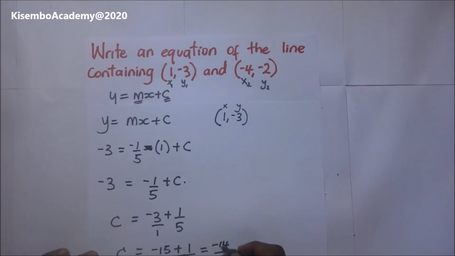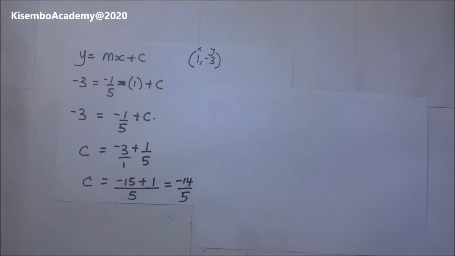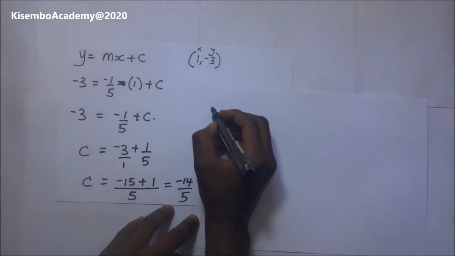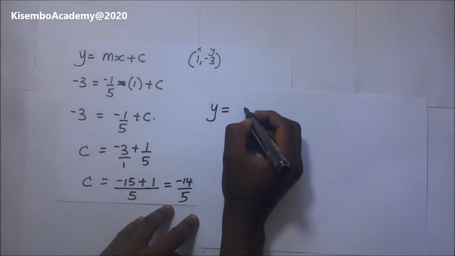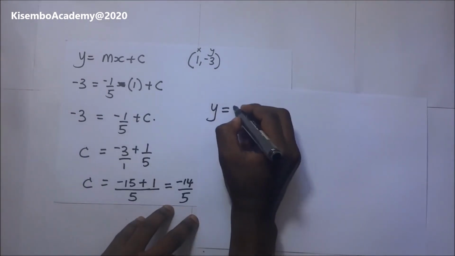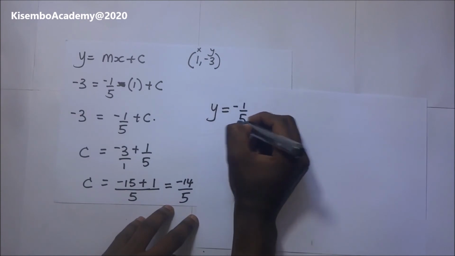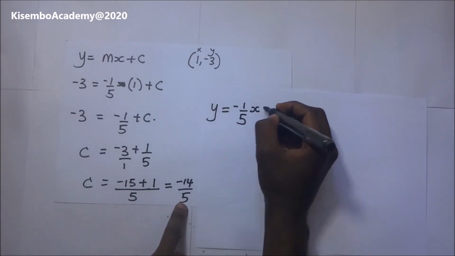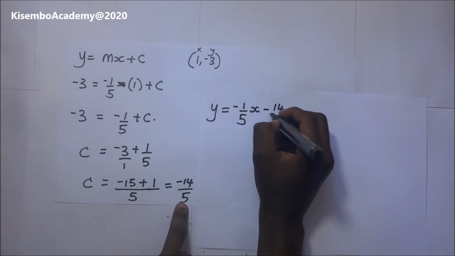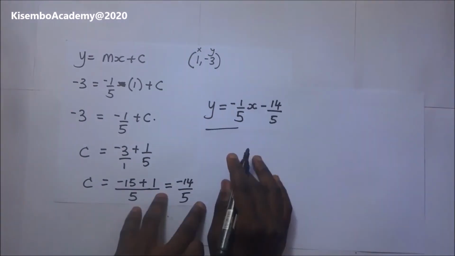Our value of c is -14 over 5. So definitely the equation, after getting our value of c, is going to become y is equal to our value of m, which we got as -1 over 5 x plus c. This becomes -14 over 5.